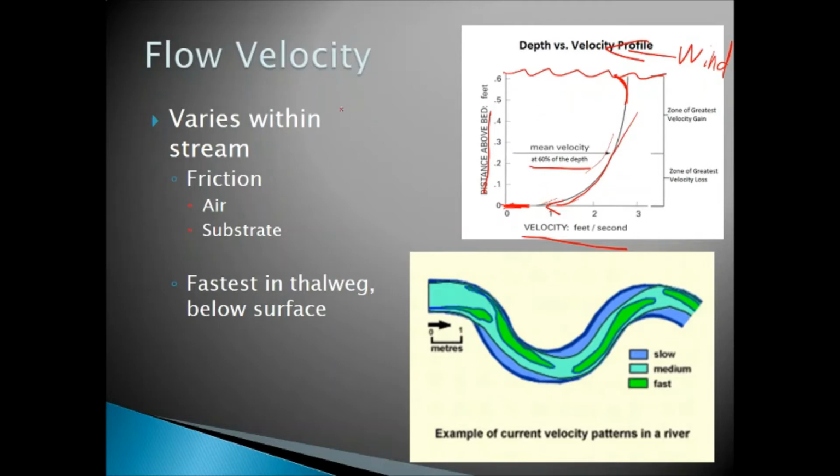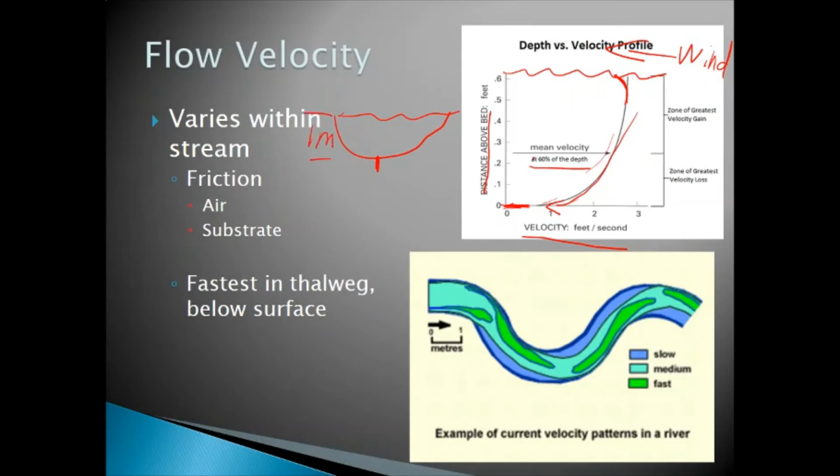So if you have a stream here and you're measuring in the thalweg, remember the thalweg is the deepest part, and you want to measure the average flow velocity there, and let's say your depth is 1 meter.